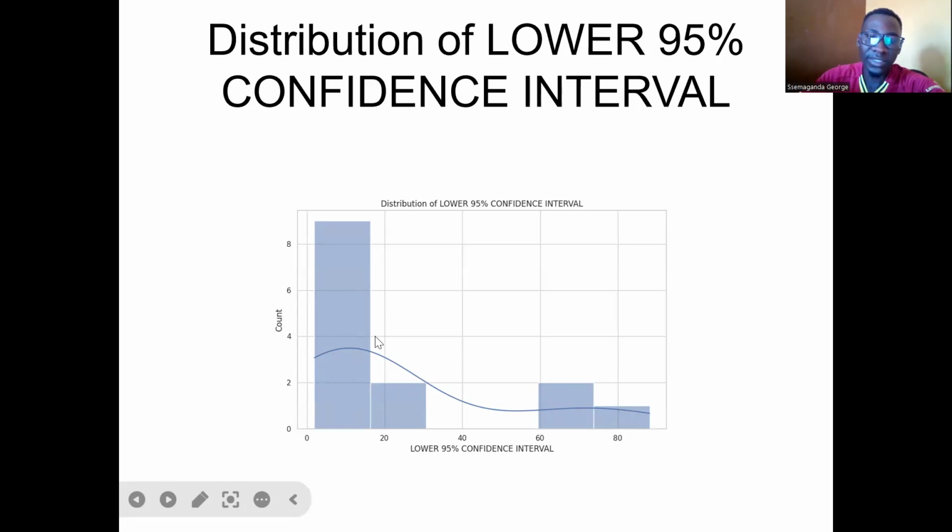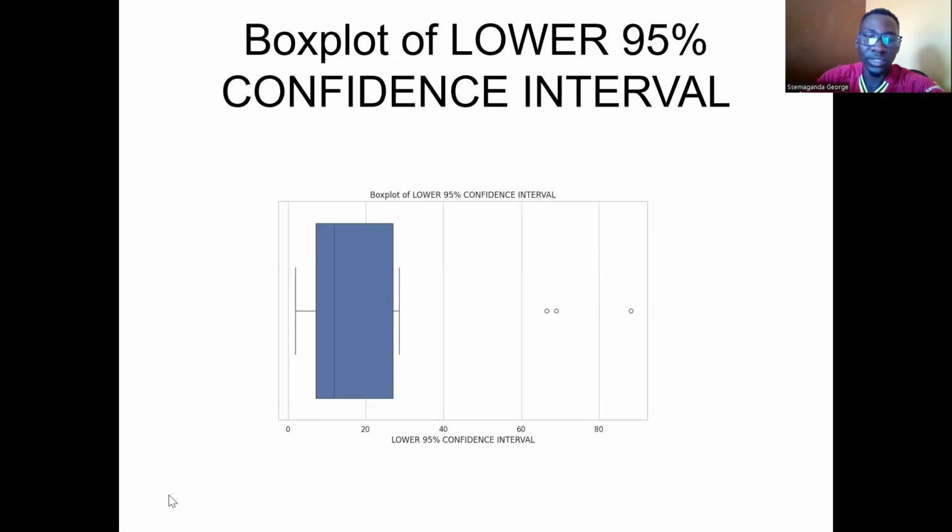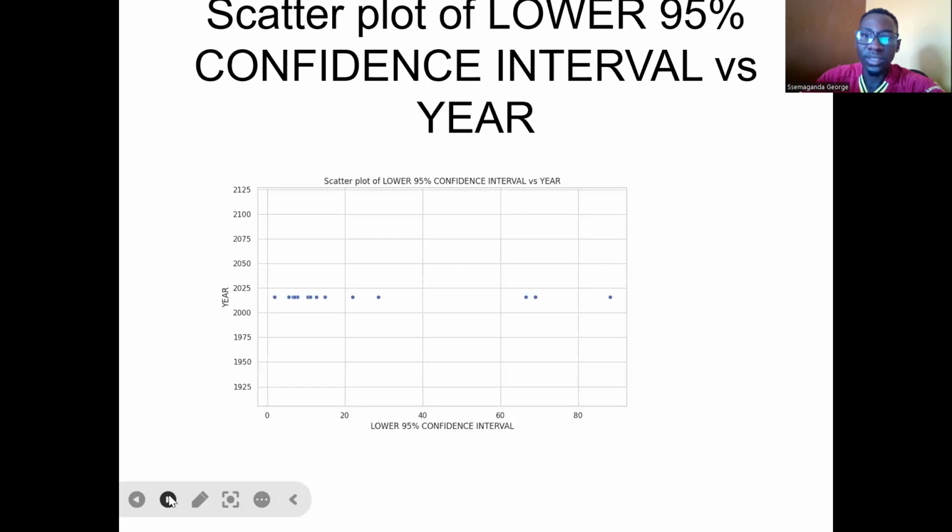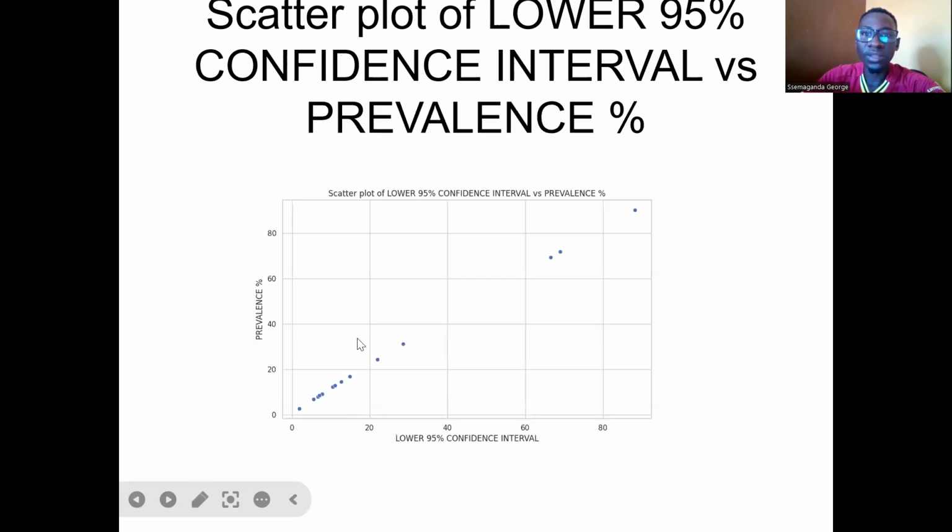Then the highest count was realized between 0 and 20, and then yes, that is a box plot. Then this is a scatter plot, and then the lower 95% confidence interval with its prevalence percentage.